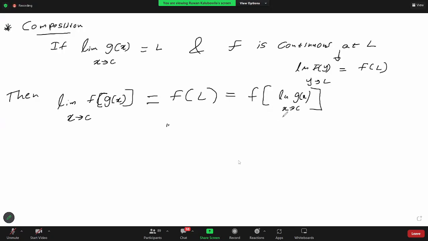You can write L this way because L is equal to this one. So finally, we have this, but here the limit is outside and g(x) is inside.